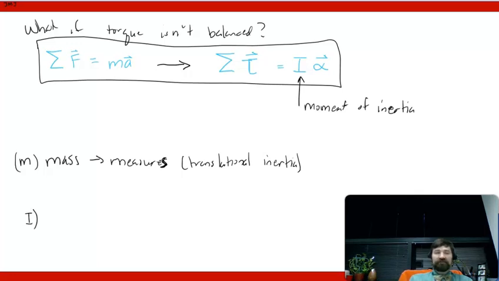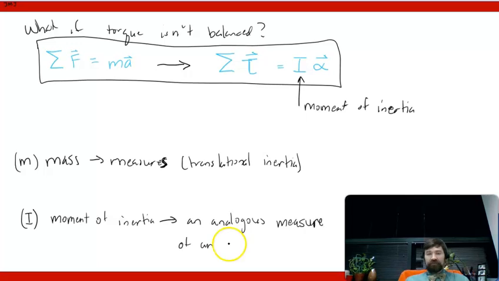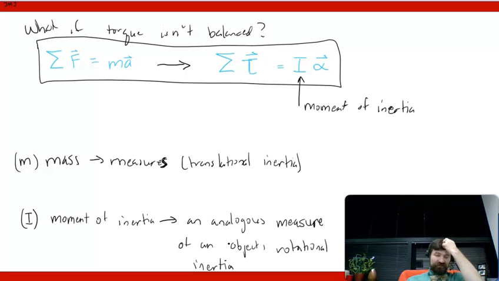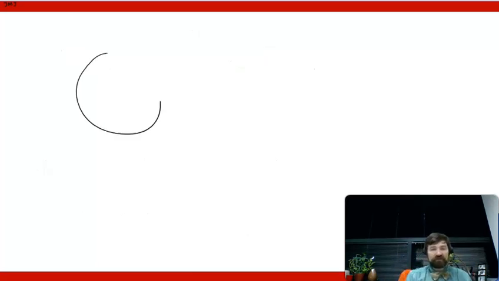The moment of inertia, I, provides an analogous measure of an object's rotational inertia. So this is rotational inertia that we're measuring here. So what is the equivalent then? Well, in rotations, if you want to speed up an object's rotation, so I have a wheel or some such thing like this, and I want to speed it up.